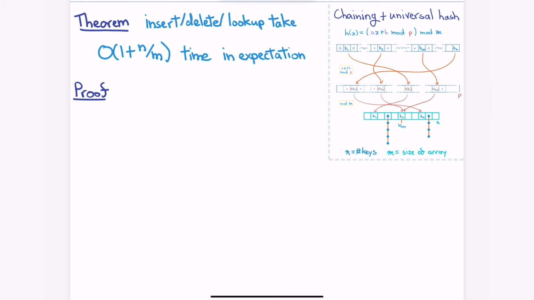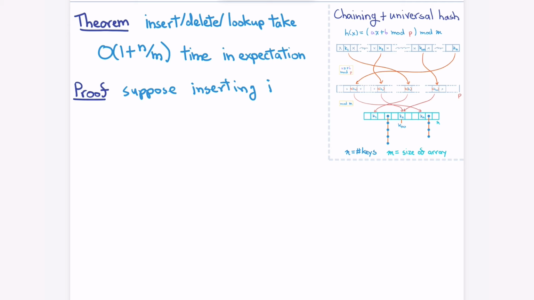Okay, so how do I analyze this? I'll get us started. Suppose I'm inserting key i. Deleting and lookup are the same thing. The claim is it's supposed to take 1 plus n over m time in expectation. The 1 is just coming from computing ax plus b.